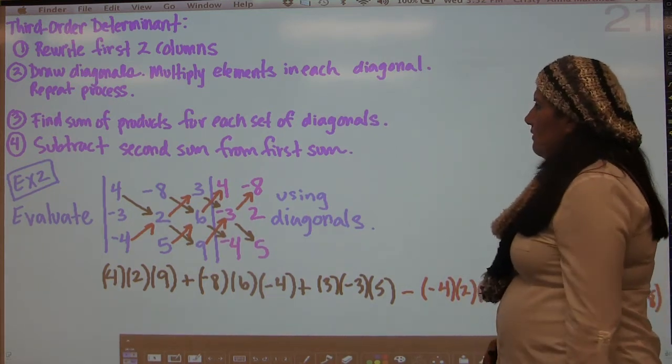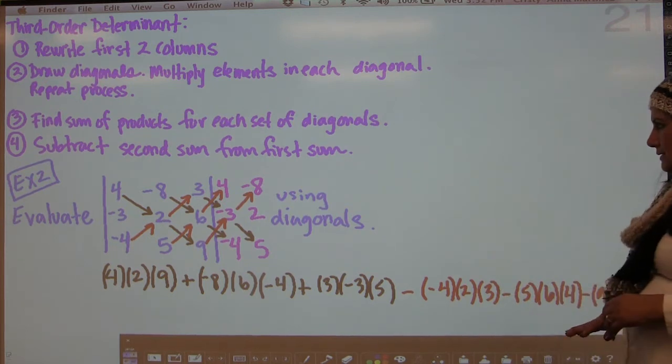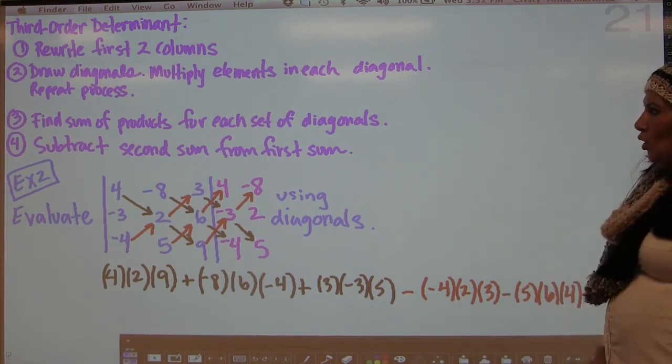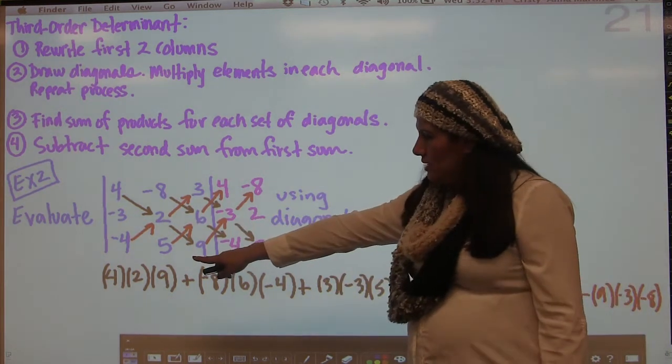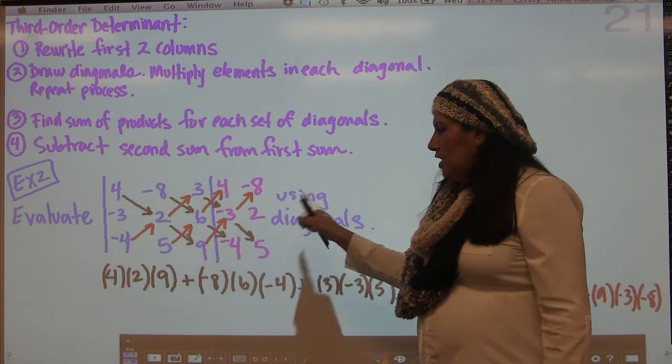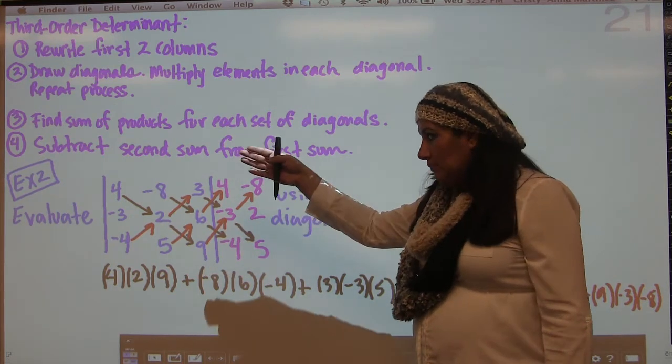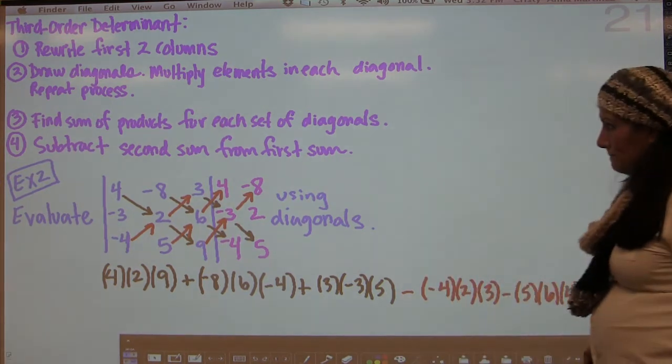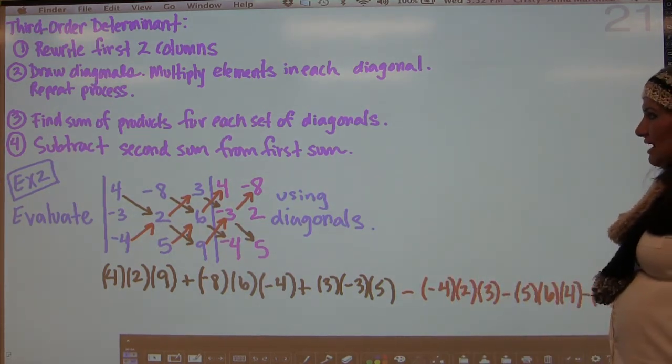All right? So that's kind of what it meant by repeat the process. So you want to do the diagonals again, only this time starting from the bottom left and going upward, and the first time starting from the top left and going downward. Okay? Then it wants us to find the sum of the products for each set of diagonals.